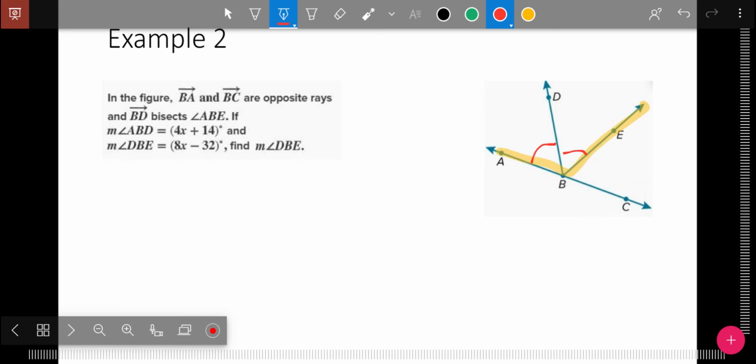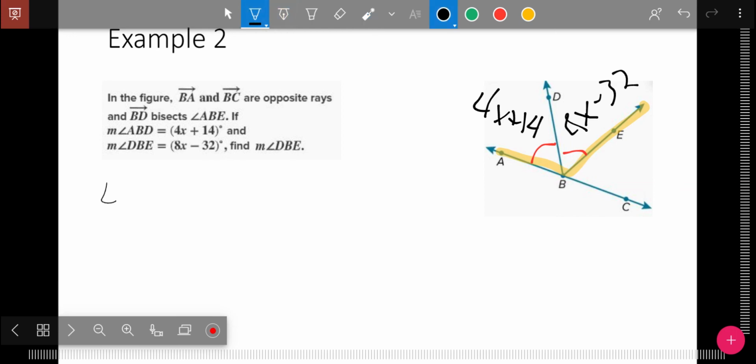All right. Now let's keep reading. If angle ABD is 4x plus 14, so 4x plus 14 goes here. And angle DBE is 8x minus 32. Well, they're marked as congruent. So congruent means 2 equal parts, or congruent means that they can set these as the same measure, right?